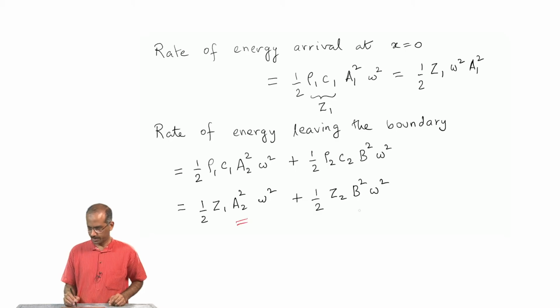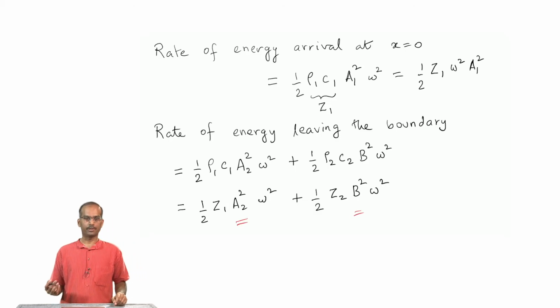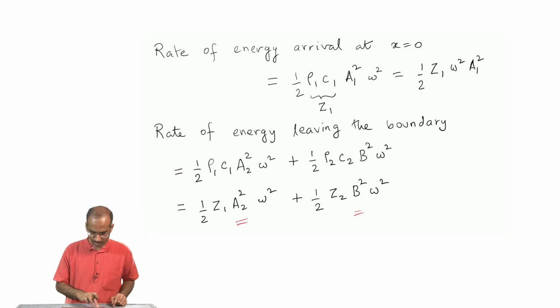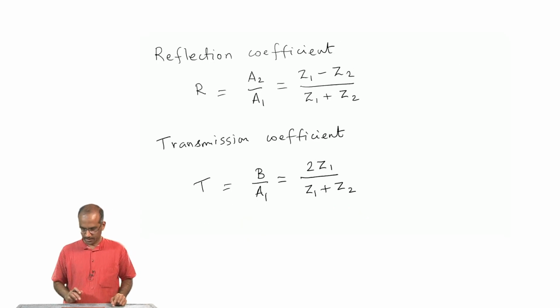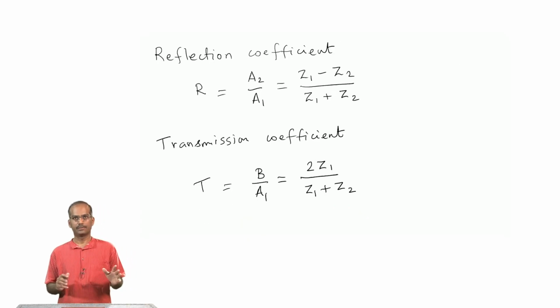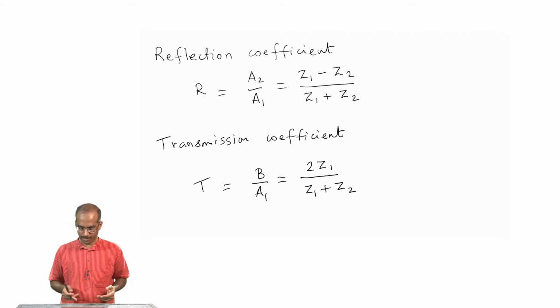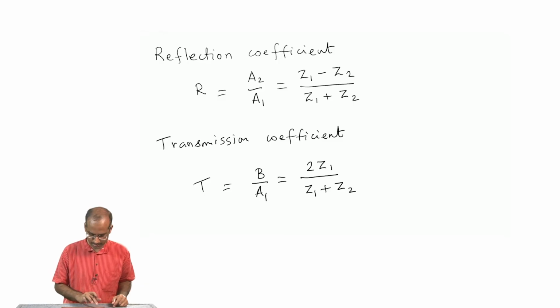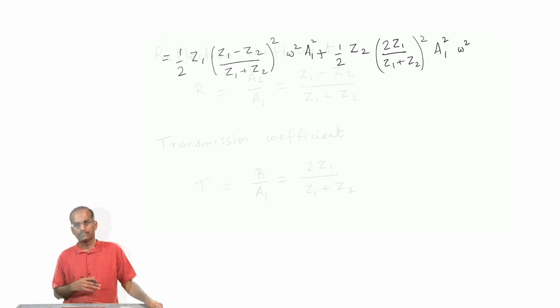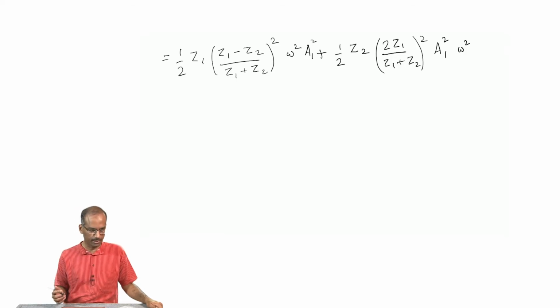The next thing I want to do is to replace this A2 and B in terms of A1, and we can do that because we already have this relation that connects A2 and A1 and B and A1. So, from here A2 will be Z1 minus Z2 by Z1 plus Z2 into A1. So, I am going to use these relations now. A2 and B have been replaced in favor of A1. So, let us simplify this.